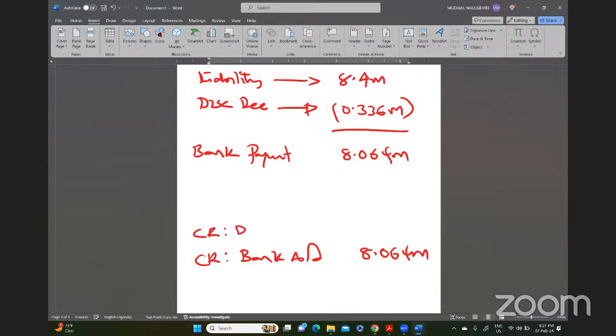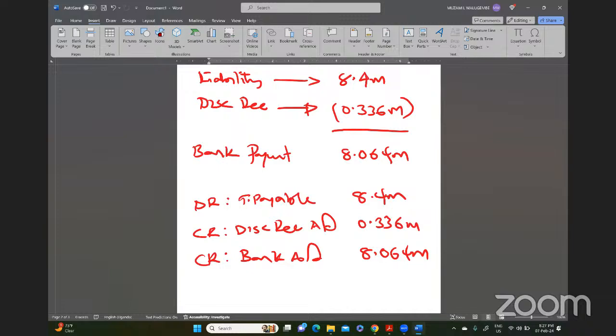Yes. So that is 0.336 million, not so? And then what are we debiting? We are writing off the liability. We had a liability of 8.4. We have to de-recognize it, not so? So a liability is reducing. That is the trade payable of 8.4 million.